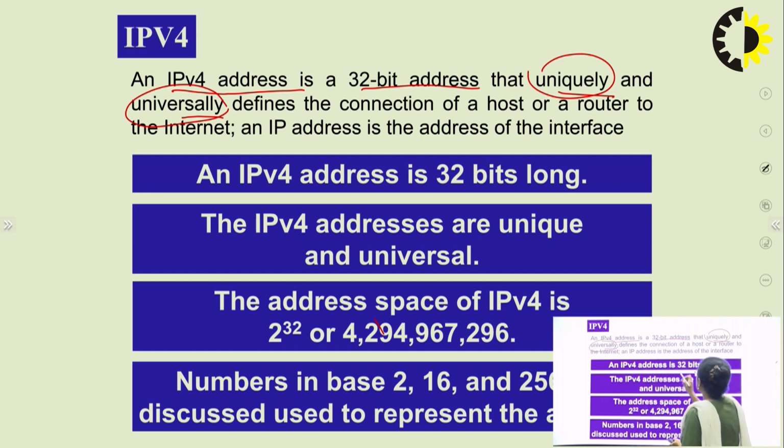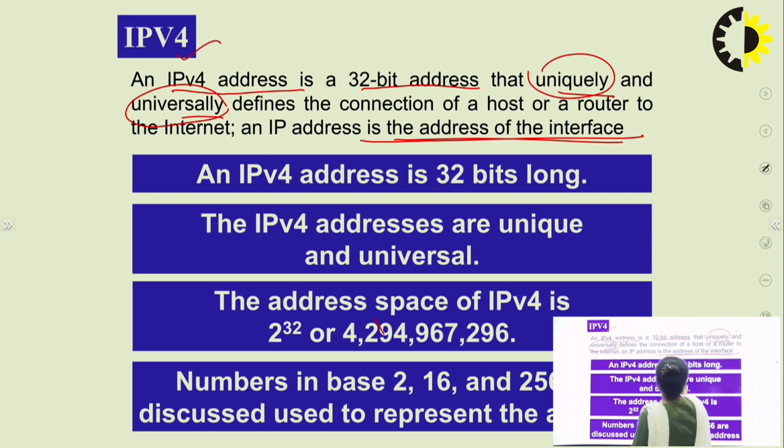An IP address is basically the address of the interface. In the case of IPv4, the address is 32-bit.